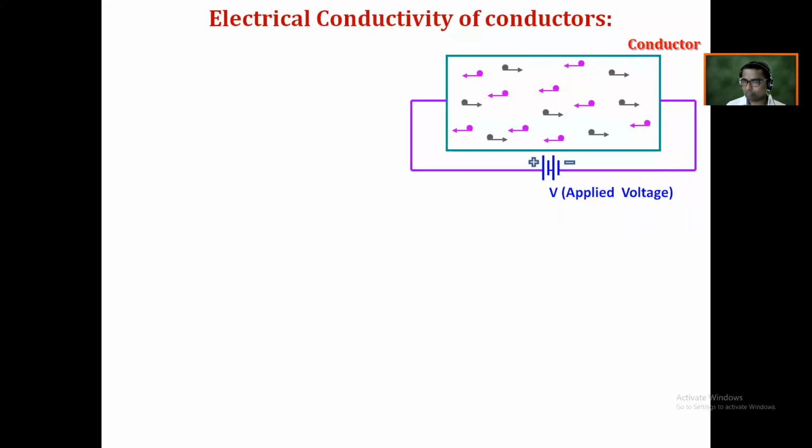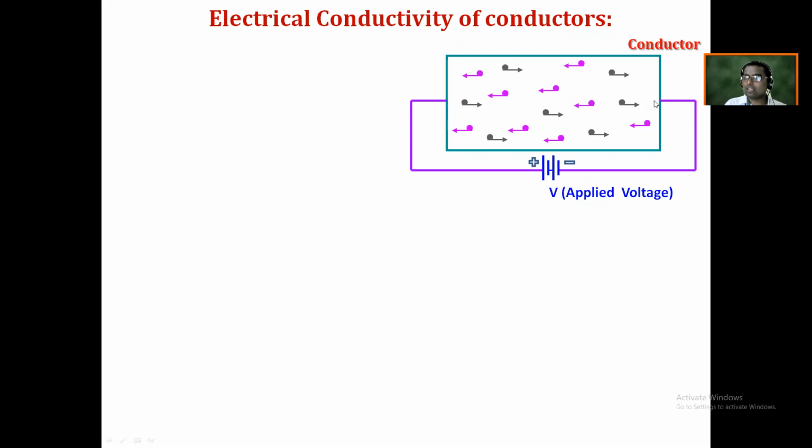not conduct the current. Now when I say a piece of a conductor, definitely free electrons are already present in the conductor, but when a potential difference is applied, these electrons have a negative charge, so definitely there is a force of attraction between the negatively charged electrons and the positive potential.